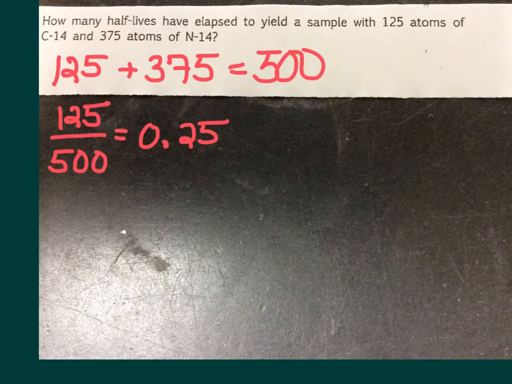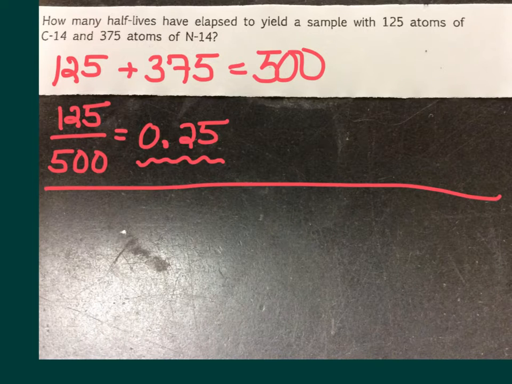So from here, we have to figure out how many half-lives, they want to know. I have 25% of the sample left. Again, two choices. Choice number one.